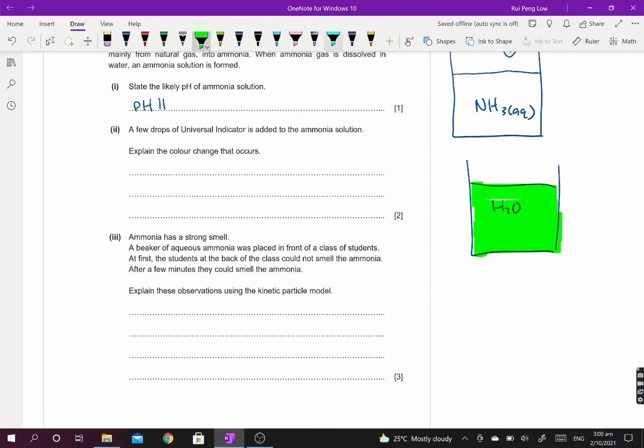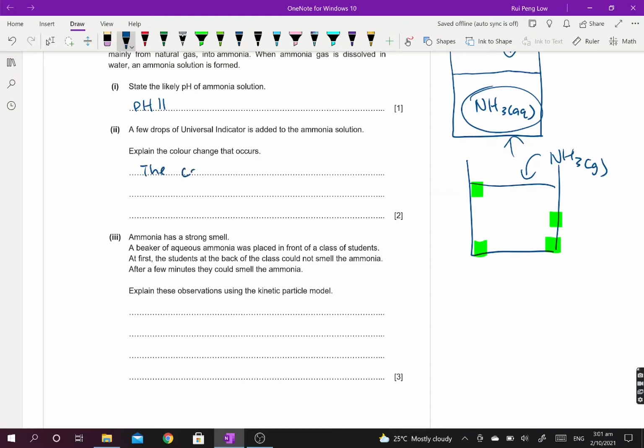Now, as I slowly introduce ammonia gas in, this water will become aqueous ammonia. Because it is an alkaline, it will change the color of the solution from green to somewhere violet. So because of the change in pH, our answer will be as such.